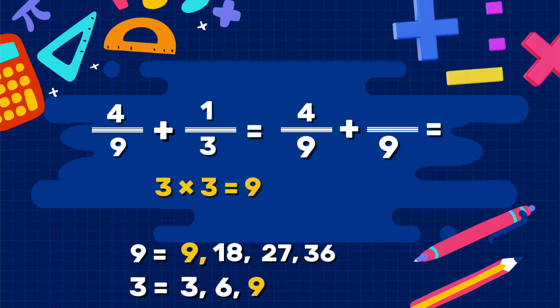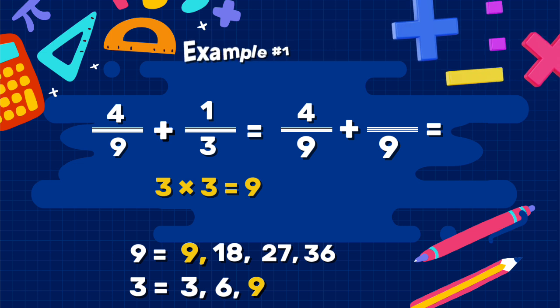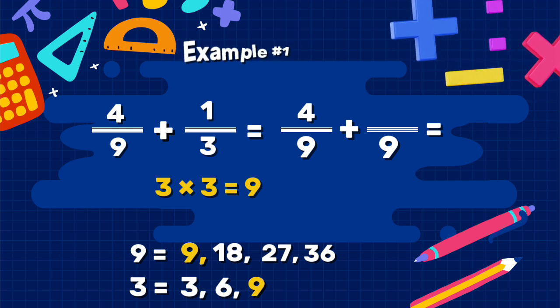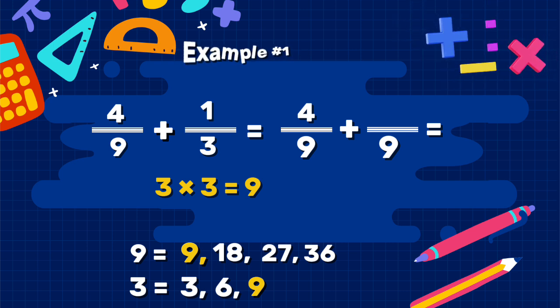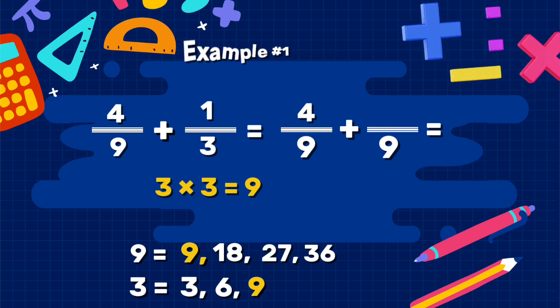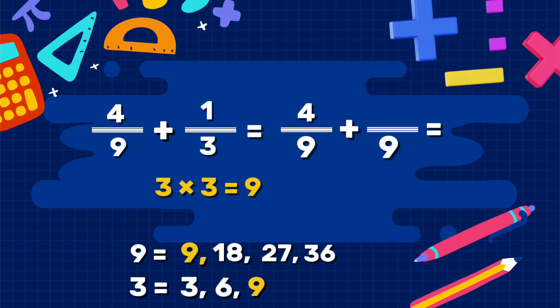Now, in order to rename, we want to have an equivalent fraction. We want to keep this equivalent. We do not want to change the value of the problem at all. So, whatever we do to the denominator, we have to do to the numerator.